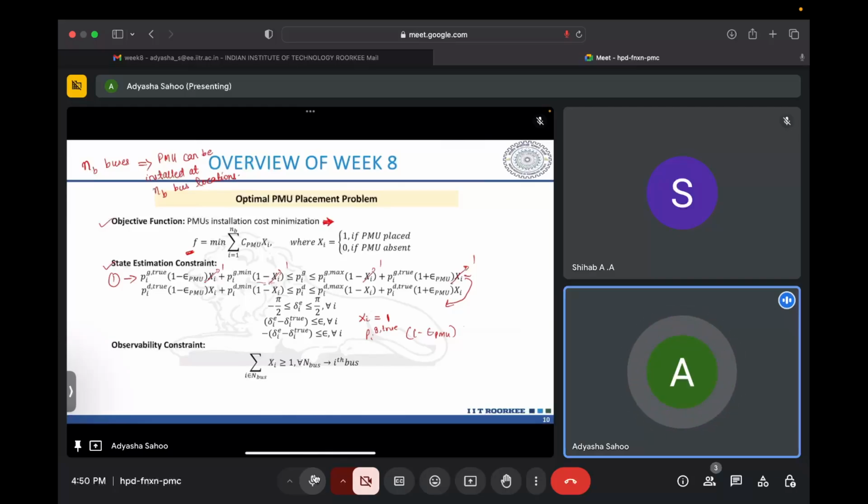So that will go out, is less than equal to Pij, and similarly here you will have Pij true into 1 plus epsilon PMU.